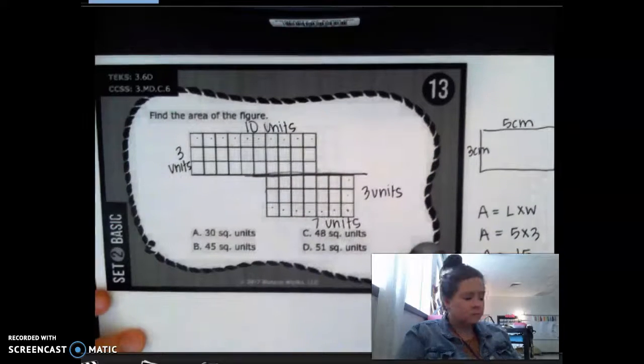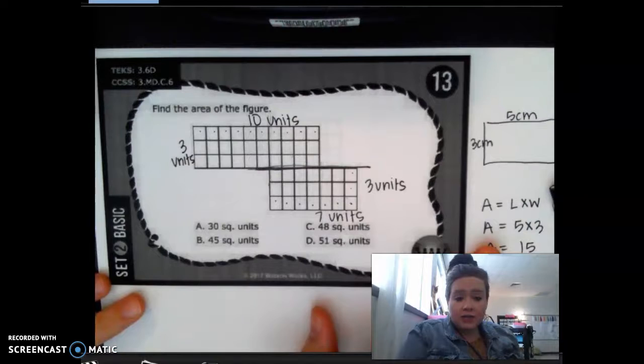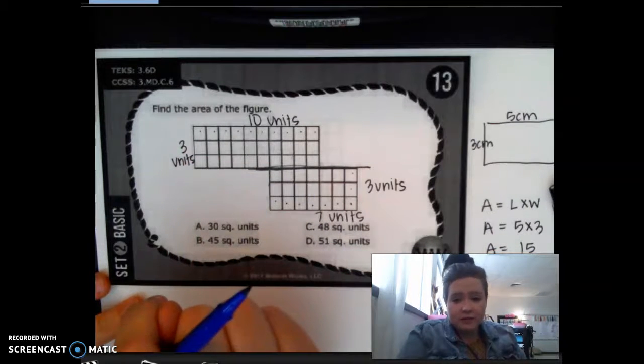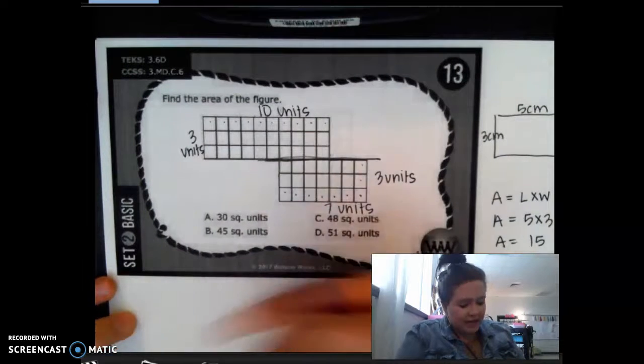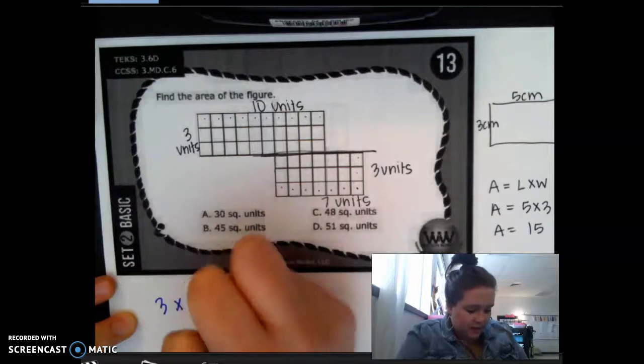All right. So I could sit here and count each unit. That would be very acceptable. Or I can multiply because I know these multiplication facts. So 3 times 10, which equals 30.